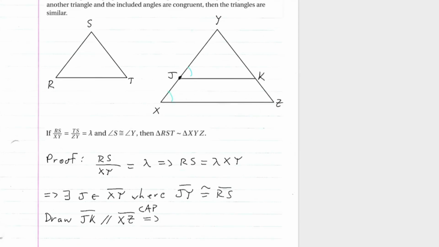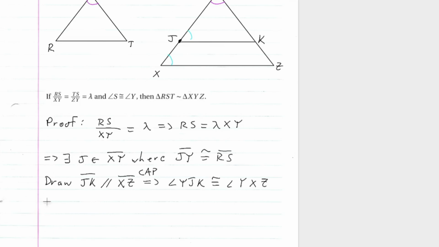So this implies that angle YJK is congruent to angle YXZ. And then, of course, we have S is congruent to Y here, right? So hopefully you can see that triangle JYK is going to be similar to triangle XYZ because we have at least two corresponding angles that are congruent.